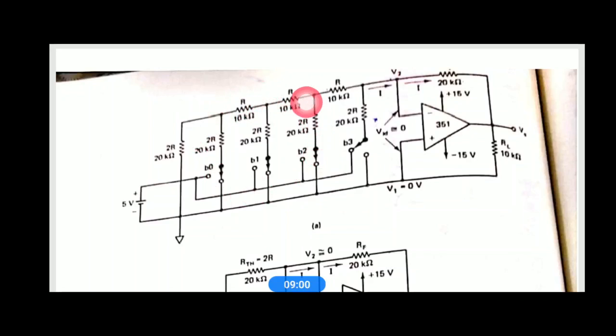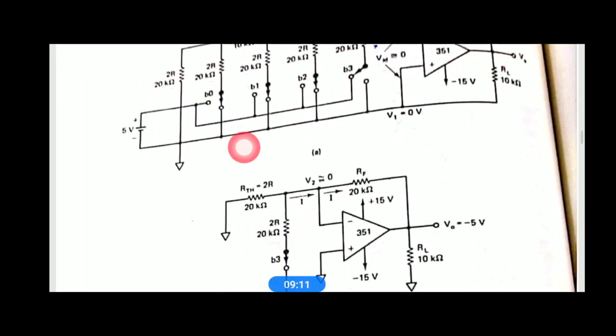So this total R is in series with this R, hence R plus R will be 2R. Hence the total resistance from here to here is 2R, which is given in this circuit.